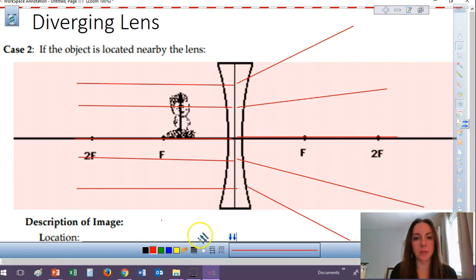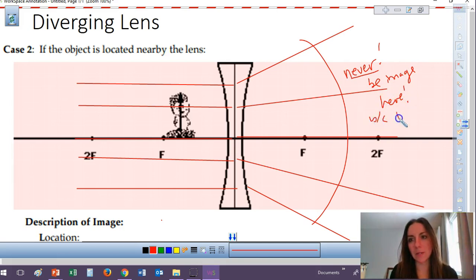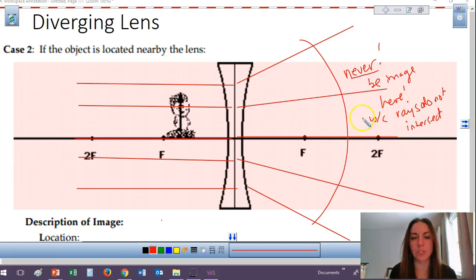So one big thing that comes from this concept is that because these rays never come to a point, there will never be an image on this side. That's because the rays do not intersect, which is the premise for image formation.